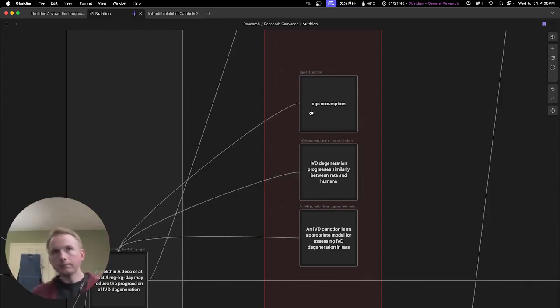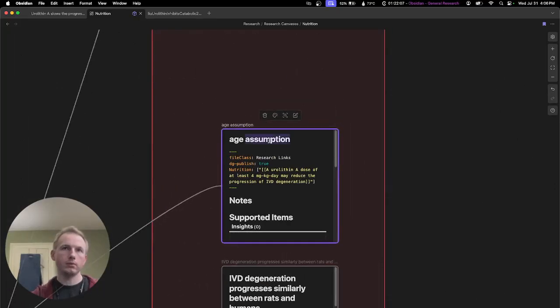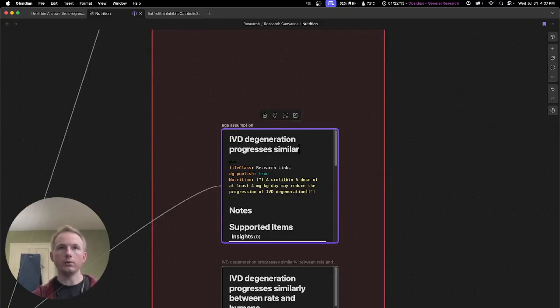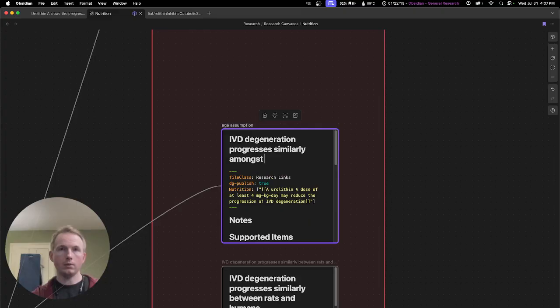It's not just that IVD degeneration progresses similarly between rats and humans, it's that IVD degeneration progresses similarly amongst rats of all ages.